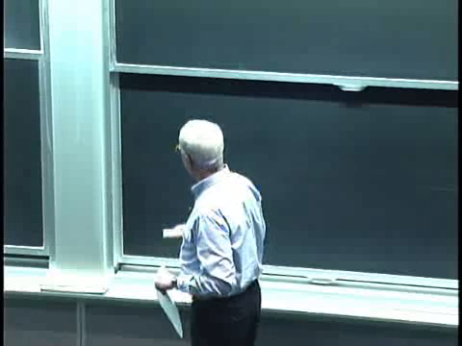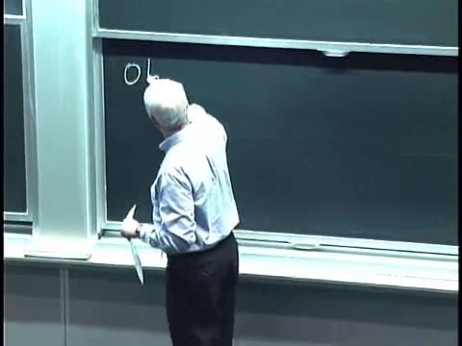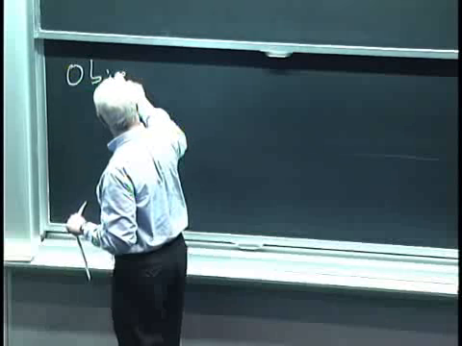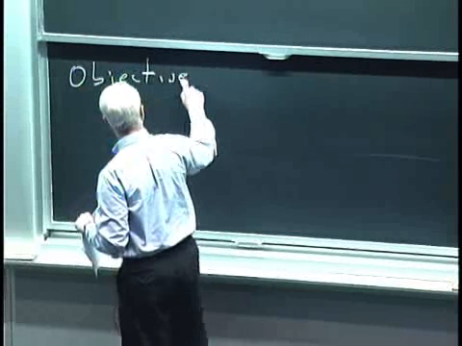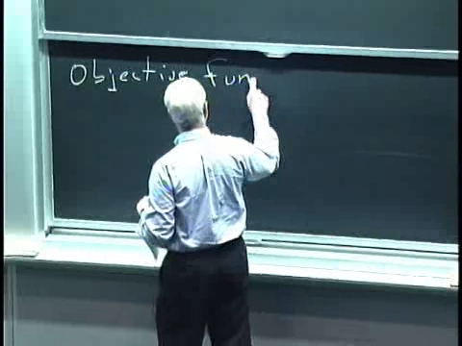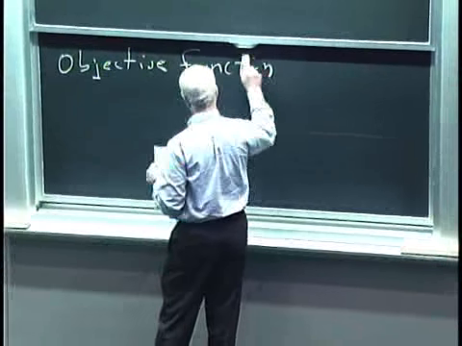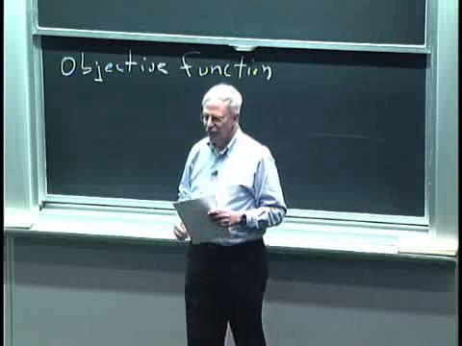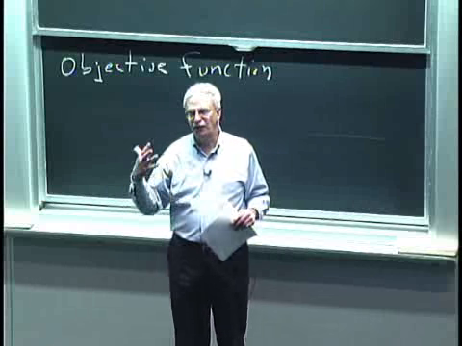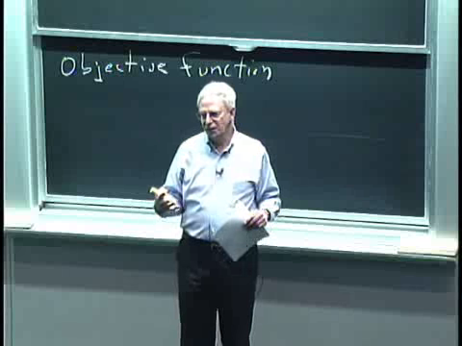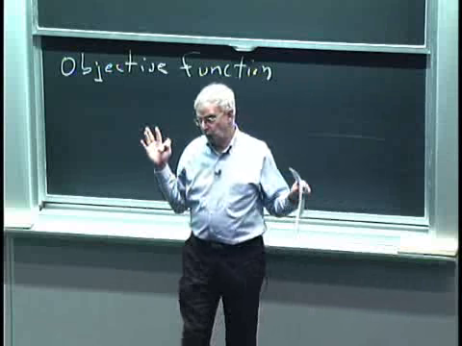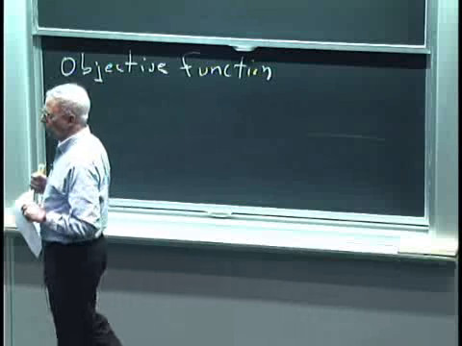Whenever we try and fit something, we need some sort of an objective function that captures the goodness of a fit. This is an optimization problem of the sort we've looked at before.